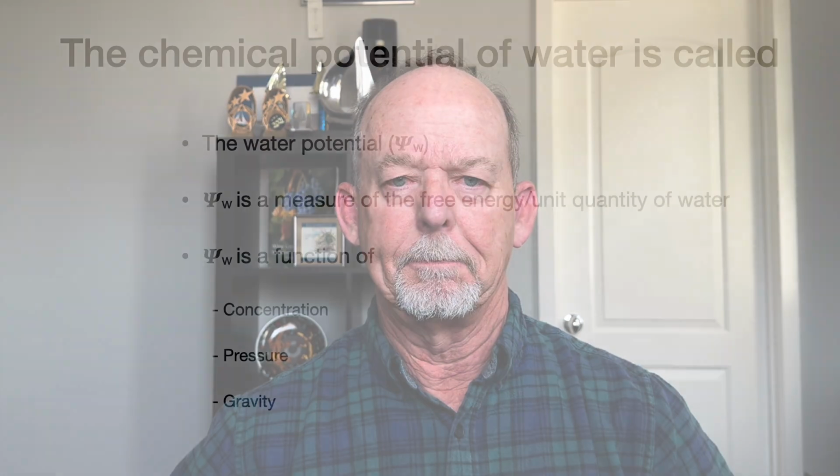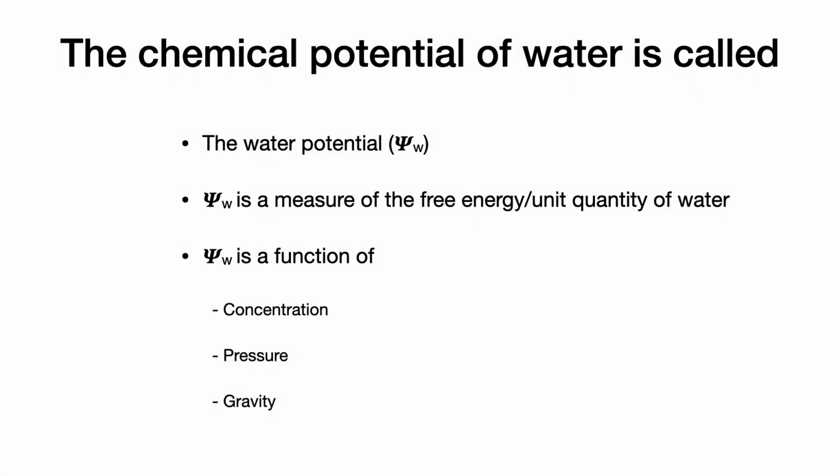In the next lecture, we will go more deeply into the water potential, and we will look at other factors that are embedded in the water potential equation that include the solute potential and the pressure potential. And these will also use the psi symbol, but they will have different subscripts, the subscript S or the subscript P. So the water potential is a measure of the free energy per unit quantity of water.